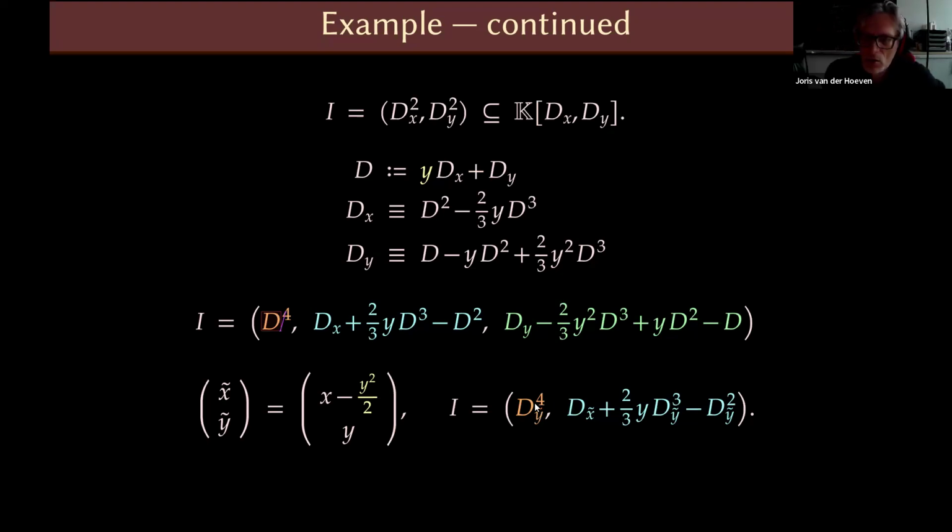And this looks really like the original shape position in the commutative setting, except that the coefficients, of course, are not necessarily constant.